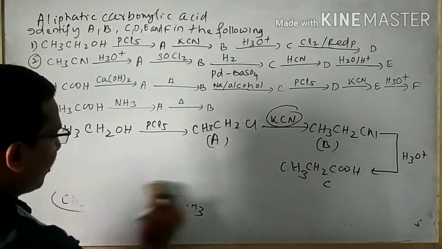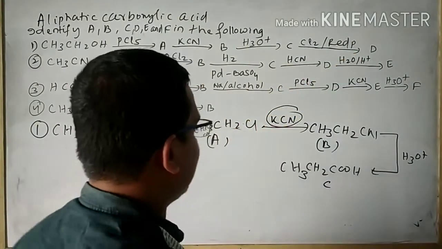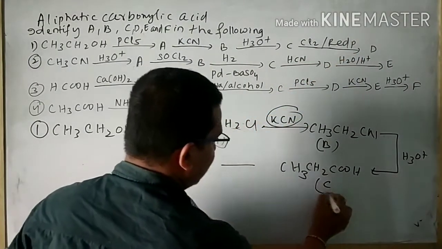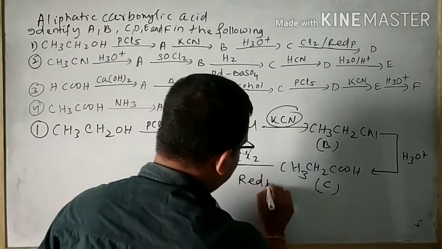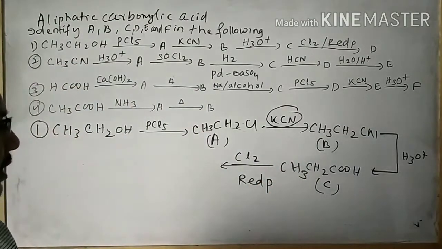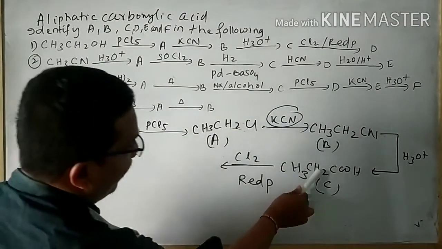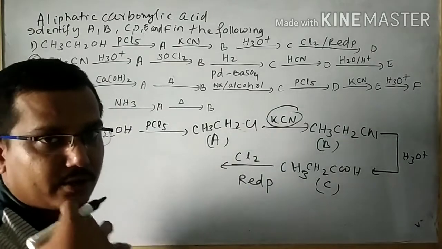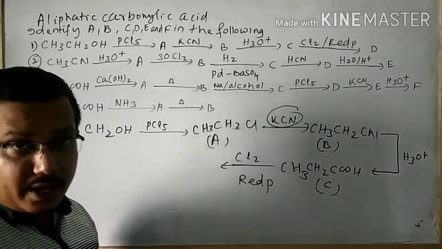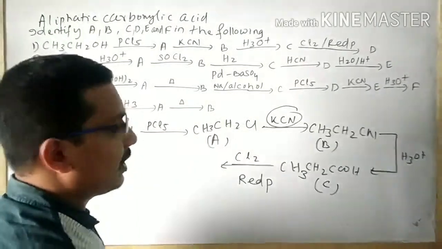Again the C product will react with Cl2 in the presence of red phosphorus. This is said to be the HVZ reaction. In this reaction, the alpha hydrogen reacts with the chlorine atom and loses a hydrogen chloride molecule and forms a mono halo substituted carboxylic acid.